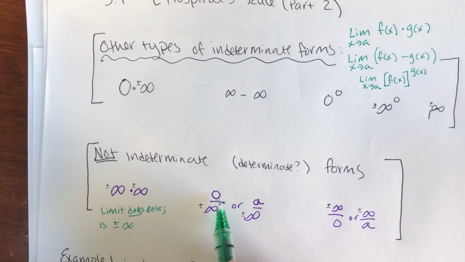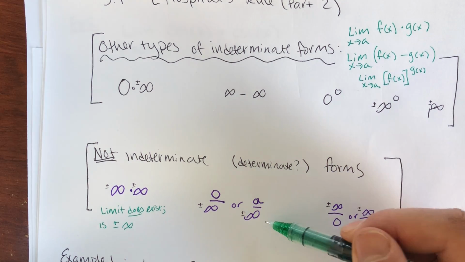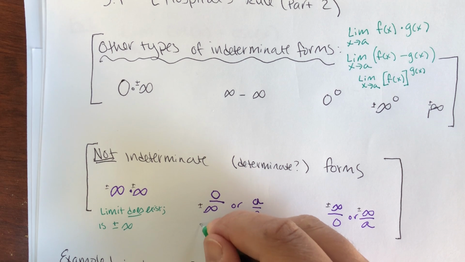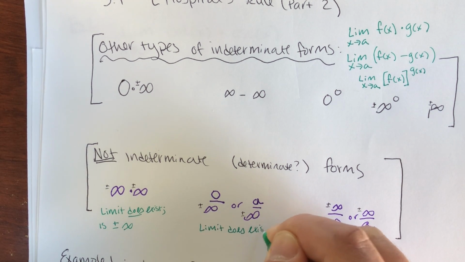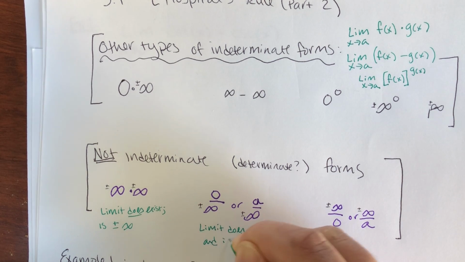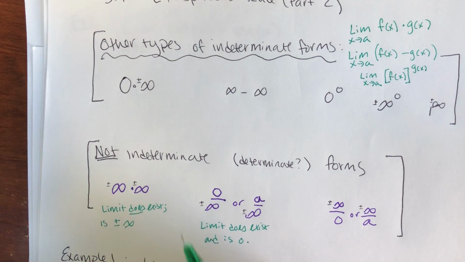In the second case, if you have 0 over infinity, or some other real number over an infinity, where you have f over g of x, then this limit does exist and it's equal to 0. Right, we had talked about this when we did 1 over x, for instance.